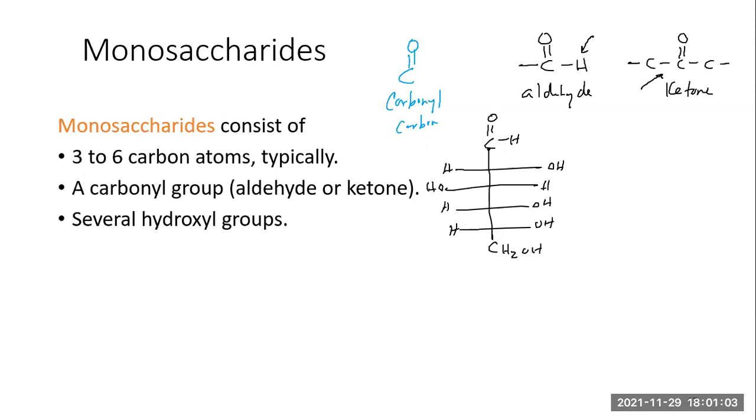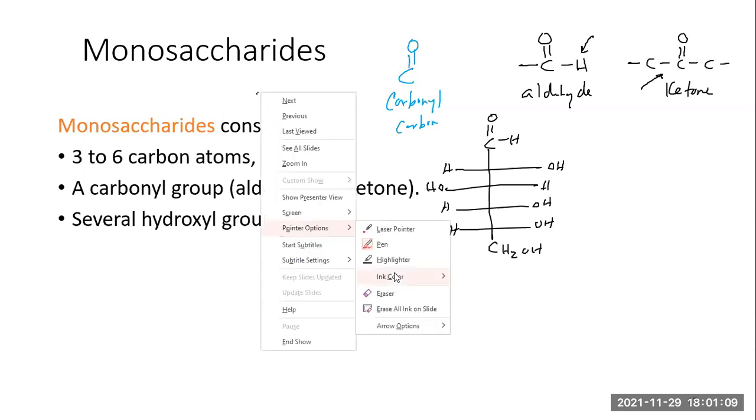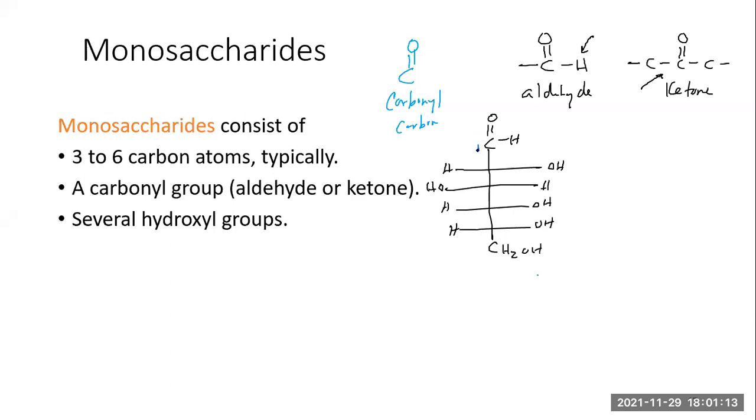Just like in organic chemistry, this guy would be the priority in terms of numbering, so that group is always considered carbon number 1. And again, here where these guys cross would be carbon 2, carbon 3, carbon 4, carbon 5, and this guy down here would be carbon 6.